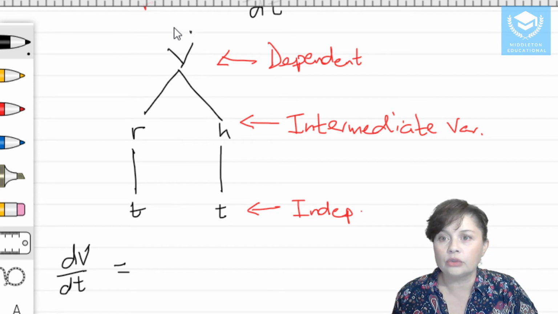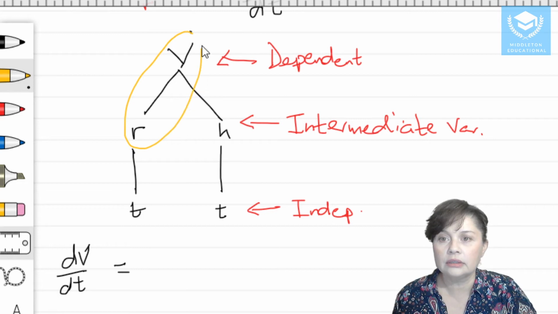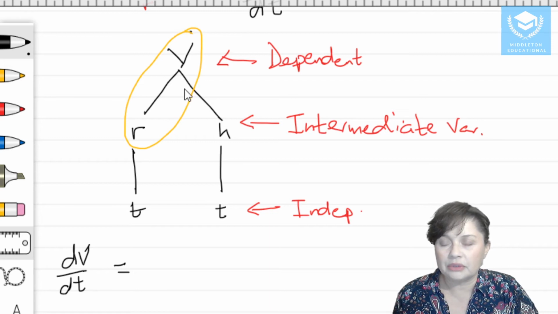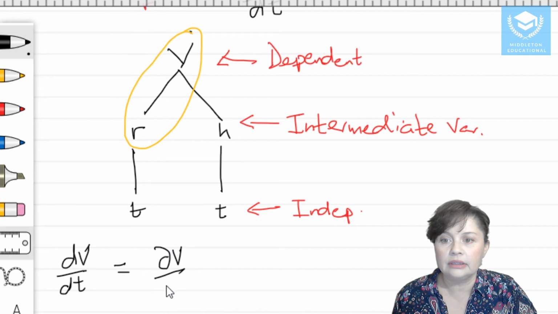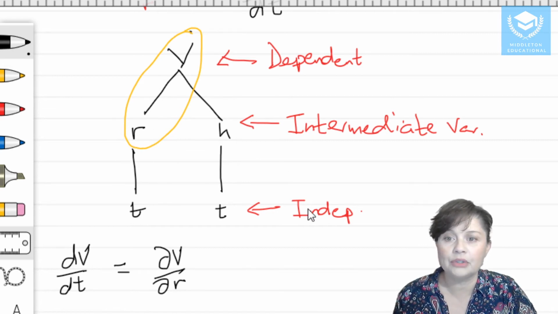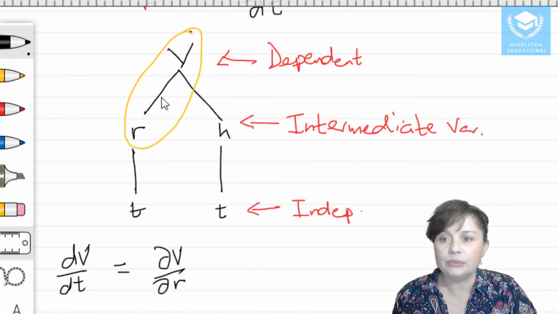So we're going to start off with r and V. It's basically the chain rule, so it means that we've got the partial dV/dr, and partial because V is partially dependent on r. If you cover up this bottom piece and only look at this little piece here, V is dependent on both r and h, so it has to be partially dependent on r.